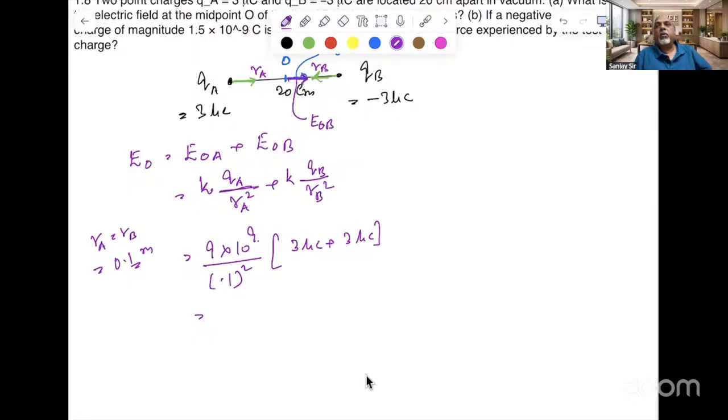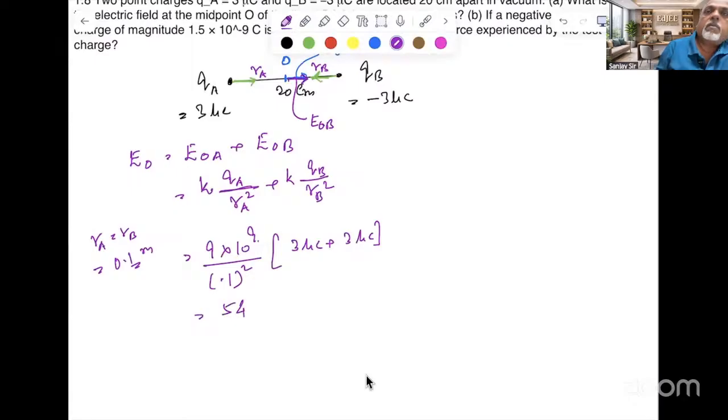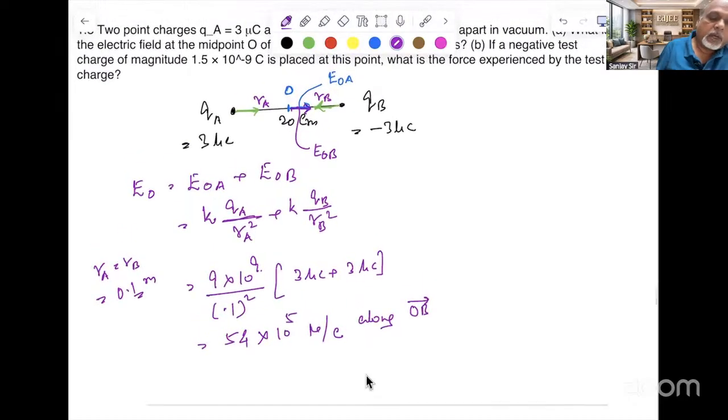If you calculate it, this will come as 54 into 10 raised to 5 Newton per coulomb. Direction will be along OB, correct? That is the electric field at O.